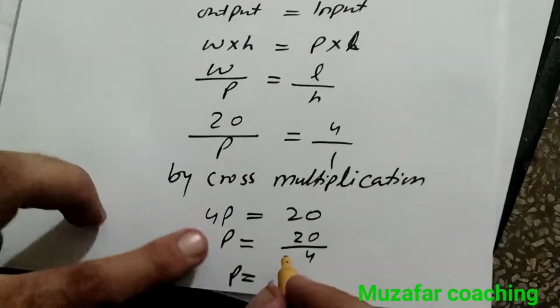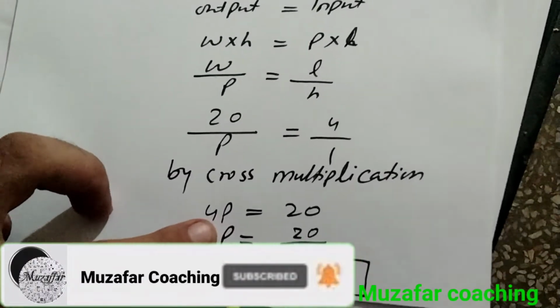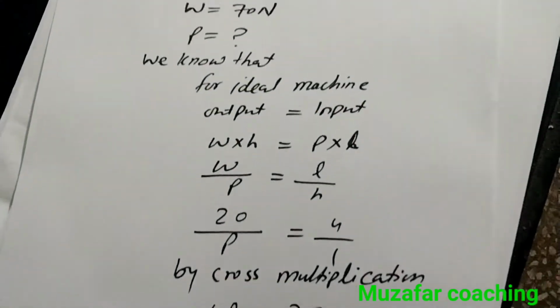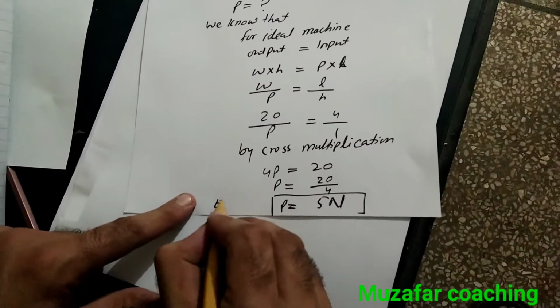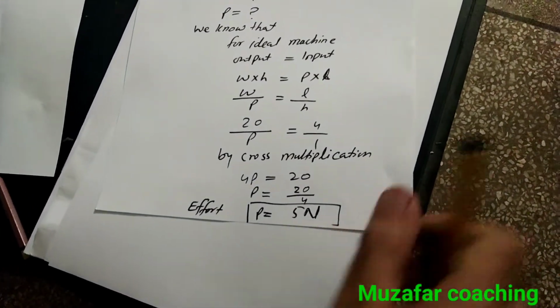So after dividing by 4, we get 5 Newton. This is the answer for effort. As I already explained, P is effort, so effort is equal to P is equal to 5 Newton.